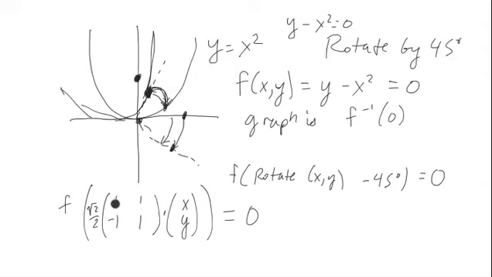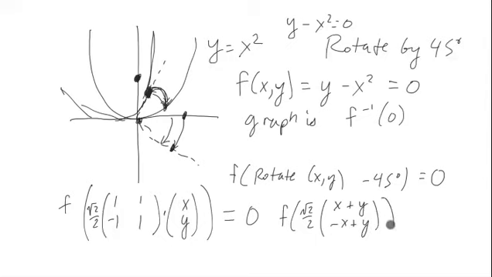Okay, so let's see what happens here. Basically, this is the same as f of root 2 over 2, and this is just a linear combination, x times the first column plus y times the second column. And so we get x plus y and negative x plus y.